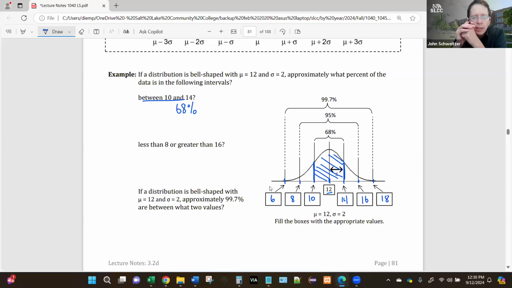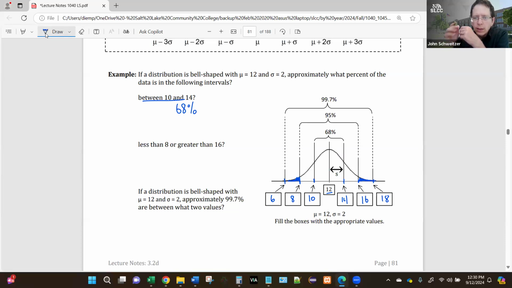What percent will be less than 8 or greater than 16? So less than 8, where is 8? 8 is over here, so let's shade that in. If you're less than 8, you're over on the left. If you're greater than 16, you're over here.